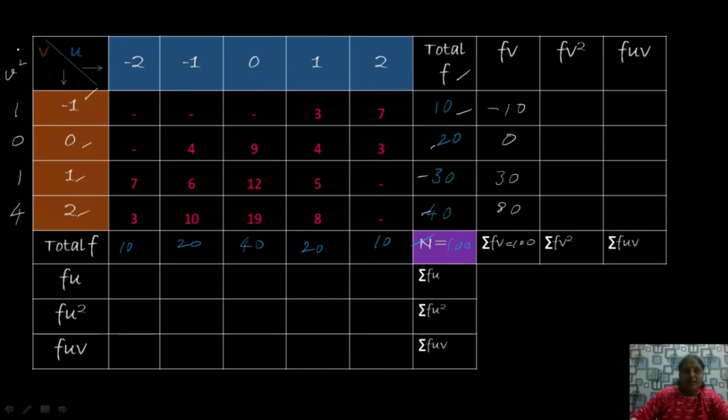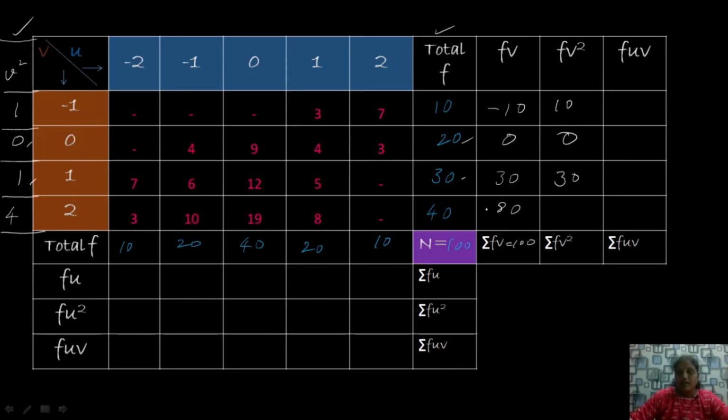Now we have to multiply this V square with the frequency F. 10 multiplied with 1, you get plus 10, and 20 multiplied with 0, you get 0. Next 30 multiplied with 1, you get 30. And 40 multiplied with 4, we get 160. Adding all these values, we get 160 plus 30, 190 plus 10, 200.